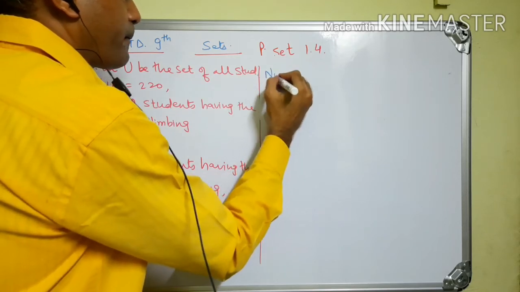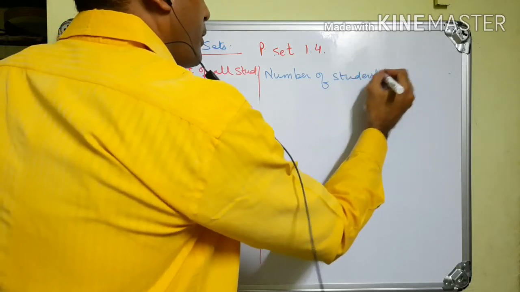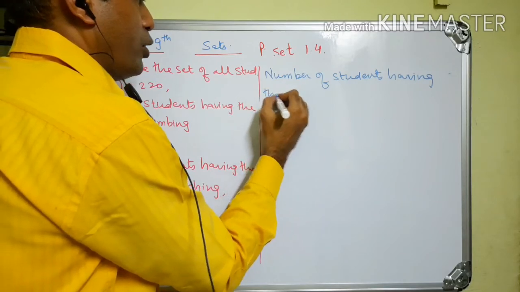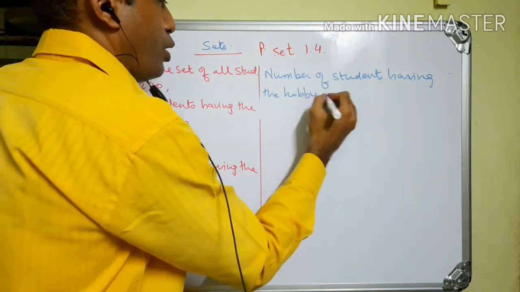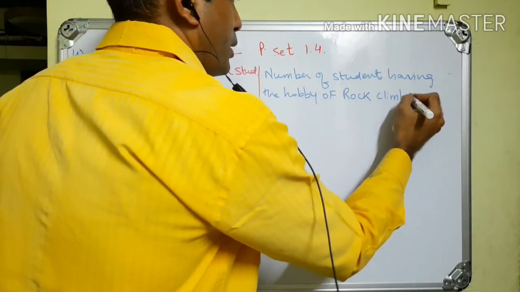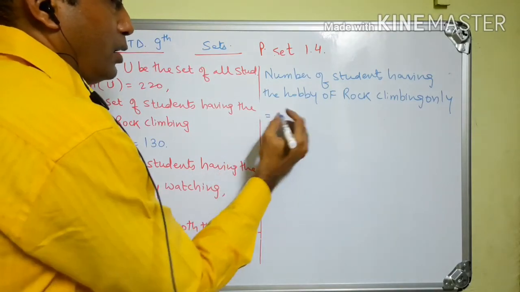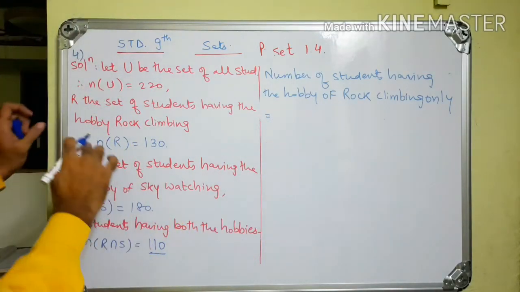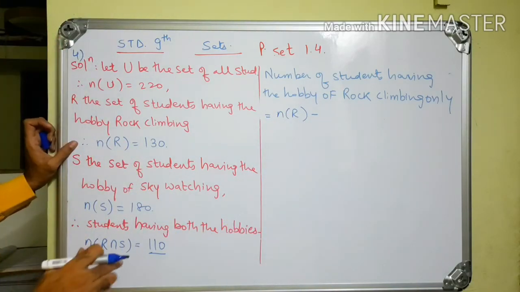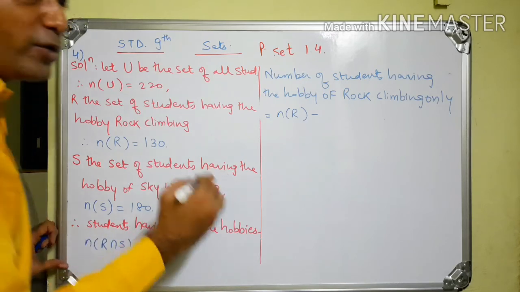The number of students having the hobby of rock climbing only will be equal to the number of elements in set R minus the intersection set, the students having both the hobbies, which we will subtract.